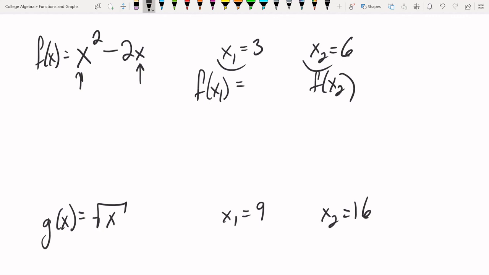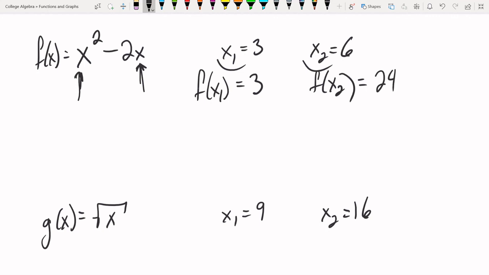Negative 2 times 3 is negative 6. 9 minus 6 is 3. F of x2 is going to be 6 squared minus 2 times 6. 6 squared is 36. Negative 2 times 6 is negative 12. And 36 minus 12 is 24.